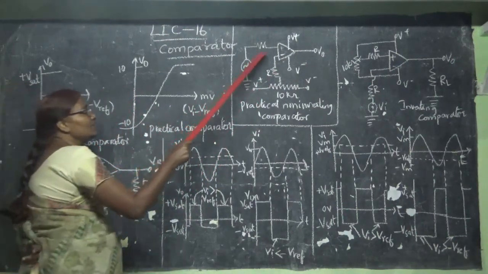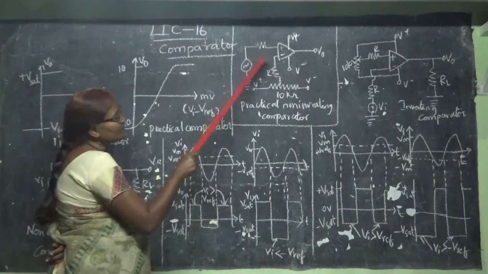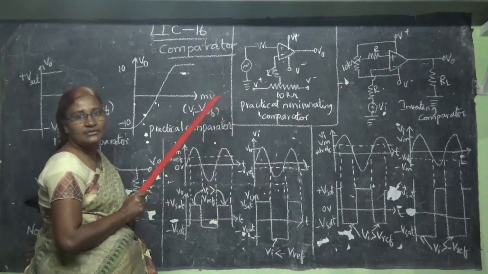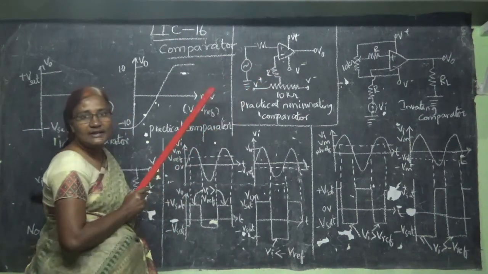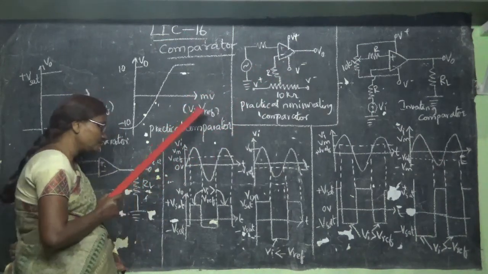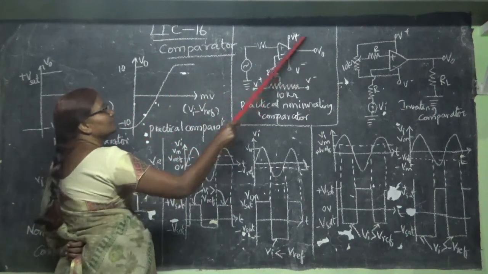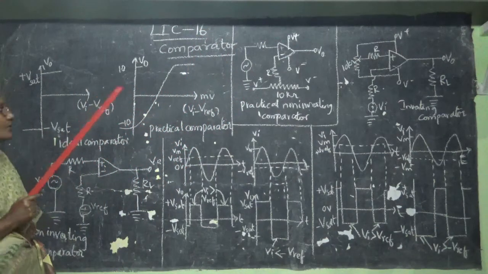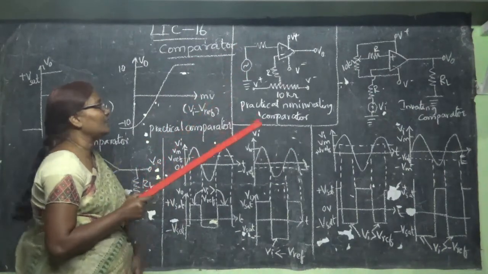This input terminal always compares its voltage with the other fixed reference voltage, such that when this input crosses this reference voltage, then the state of the op-amp will change. So that is the reason this comparator will compare with the reference. Otherwise the two terminal inputs will be compared with each other.